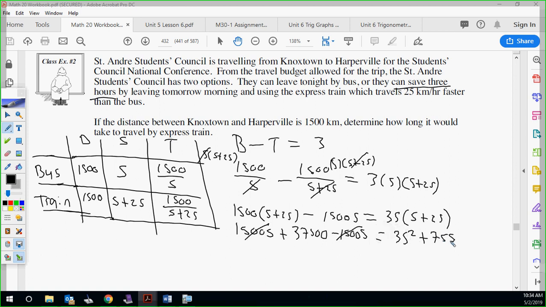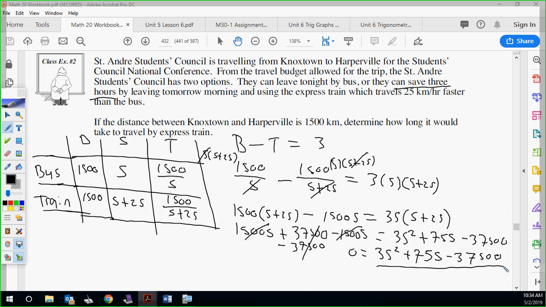I'm going to subtract that 37,500 over, so that's equal to 0 now. Just so you see that I canceled it, here's the equation that we're solving now. We're solving that quadratic equation for 0.